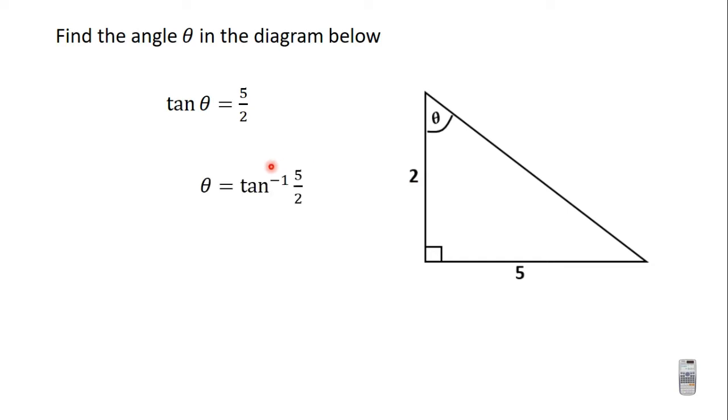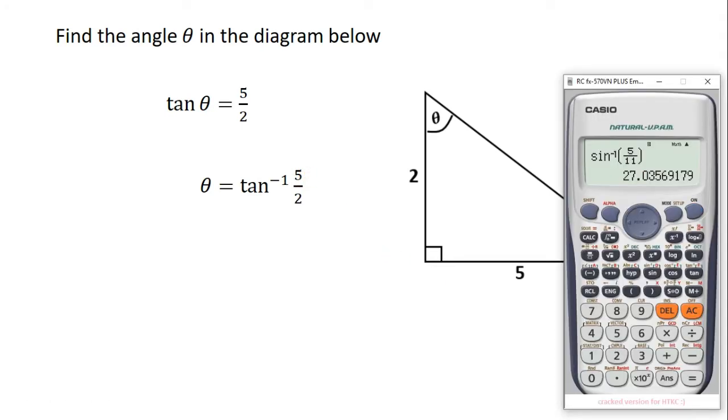So from here, we will find theta as tan inverse of 5 divided by 2. Switch on your calculator, shift tan, then 5 divided by 2. Don't forget to close the brackets after that. So that will give us 68.1985.